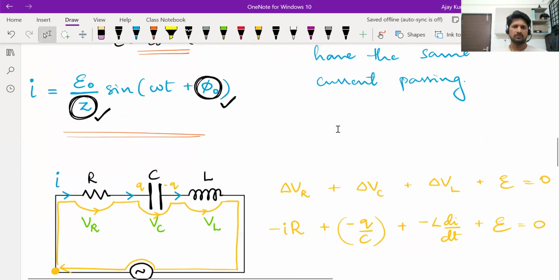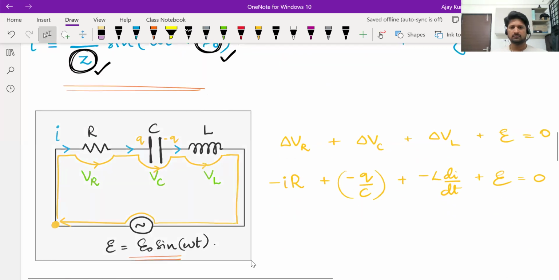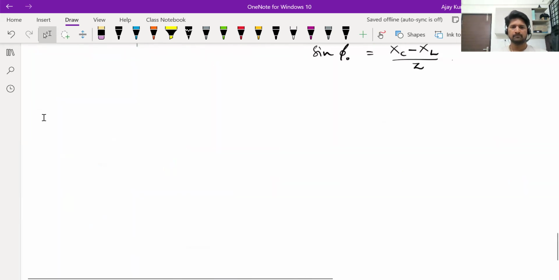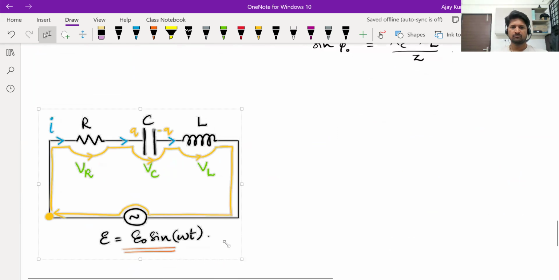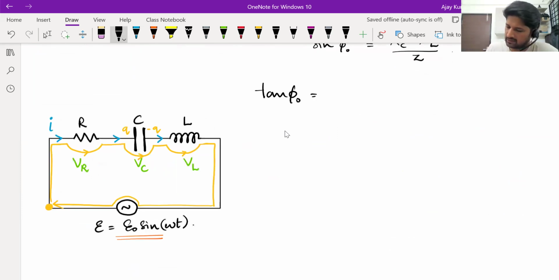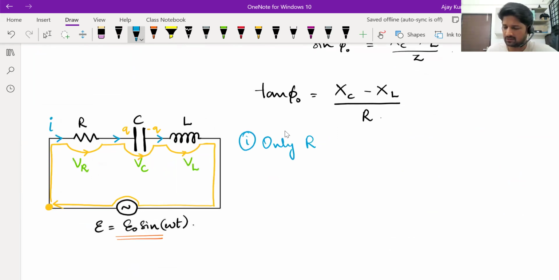Just a moment. Let me copy this circuit. The tan phi naught equation is XC minus XL all divided by R. First case, if only resistor was present, we call it a purely resistive circuit.